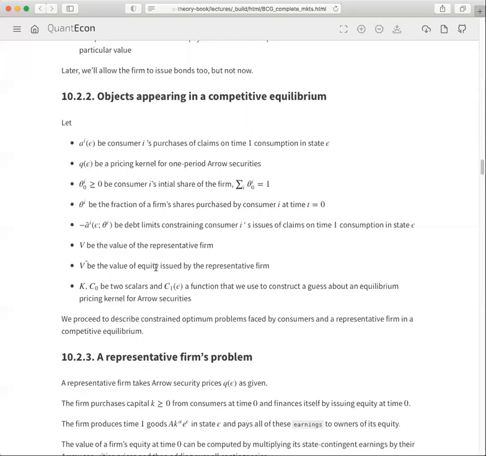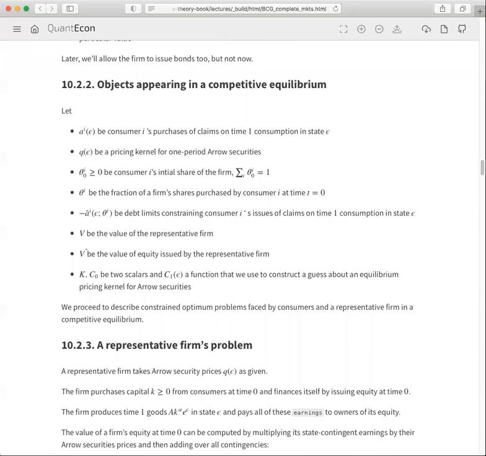But now it's just going to issue equity. Then I'm going to let these things be scalars, and C1, these big C's, are going to be objects that we use to construct a guess about an equilibrium pricing kernel for Arrow securities. So here's where my big C's and K's come in.